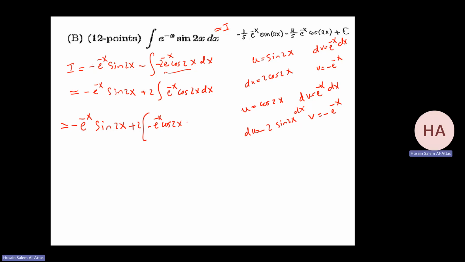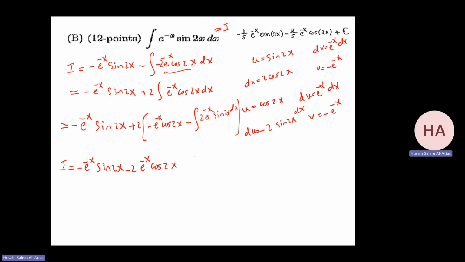And then minus the integral of 2 e^(-x) sine 2x dx. That will be my I. So I will be minus e^(-x) sine 2x minus 2 e^(-x) cosine 2x, and the integral of e^(-x) sine 2x is my original one, so it will be minus 4I, sorry.